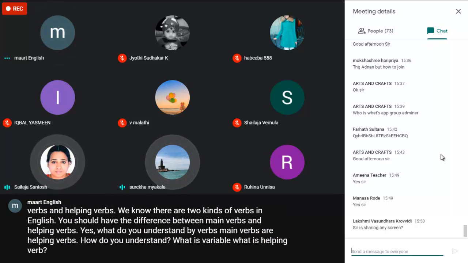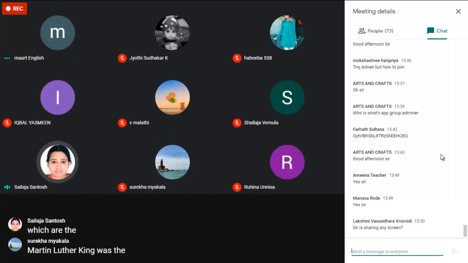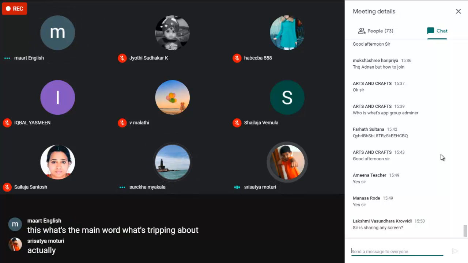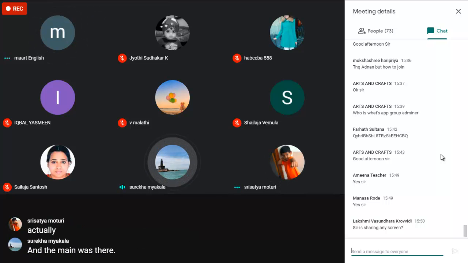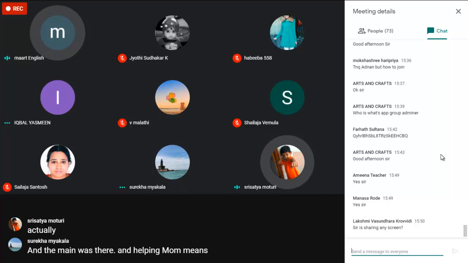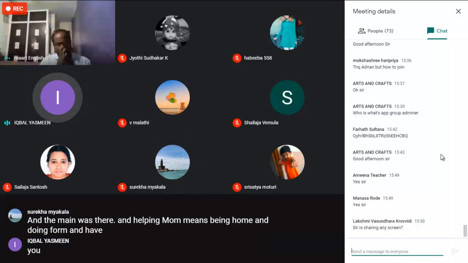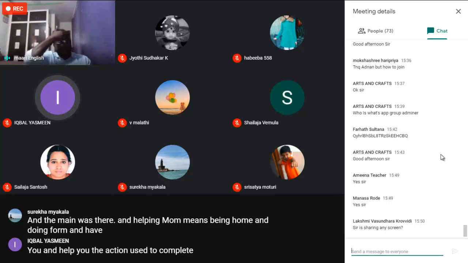The helping verb shows the action which is used to complete the sentence.